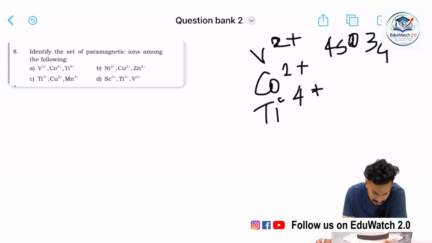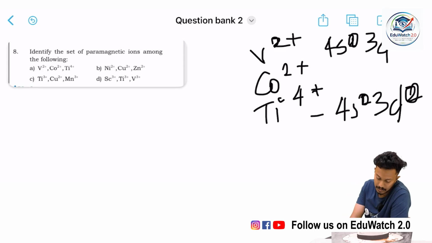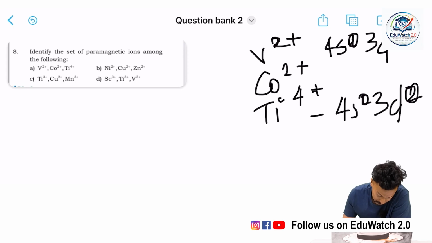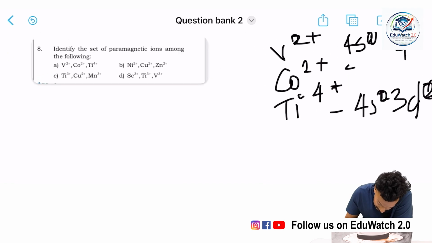Cobalt 2 plus also has 4s2 3d7, removing the s electrons. Ti4 plus has no electrons. And Ti3 plus has 1 electron. So option A is wrong.